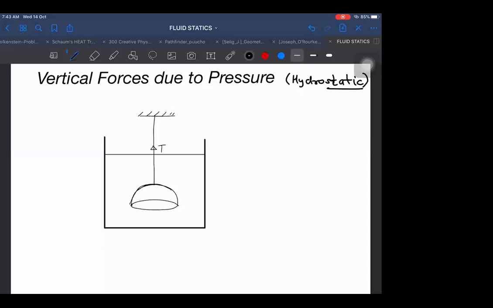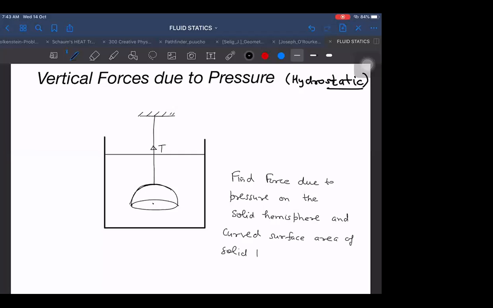T tension is acting upwards. Let us say we want to find out the force due to pressure on the curved surface area of the hemisphere. The density of the liquid is given as rho.